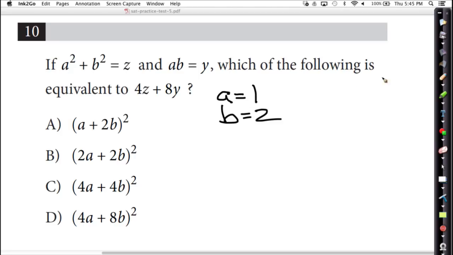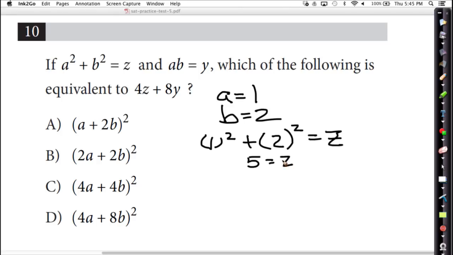Let's just fill in A squared. So that's going to be 1 squared plus, now B is 2, 2 squared equals Z, right? So that's going to be 1 plus 4, so that's 5.